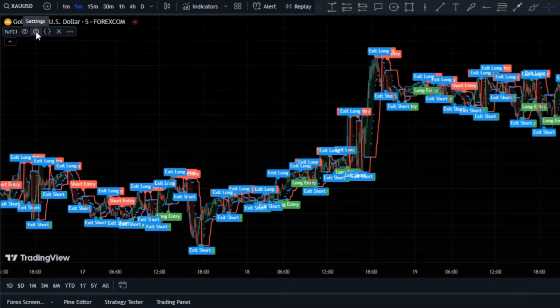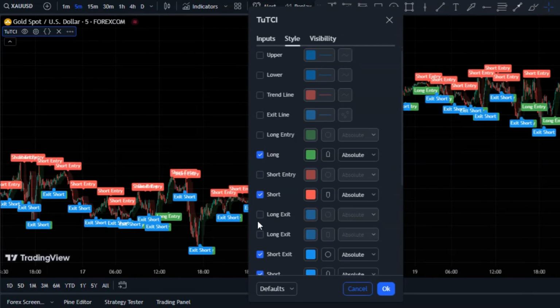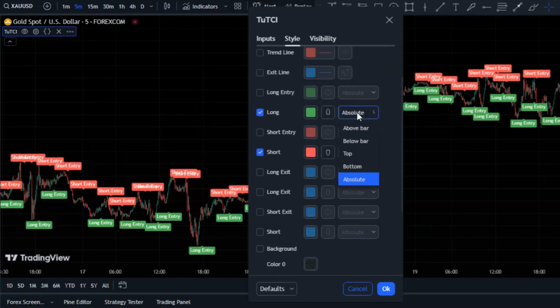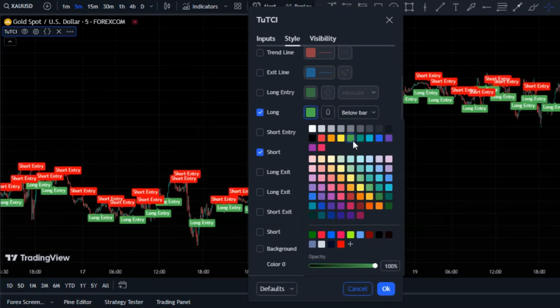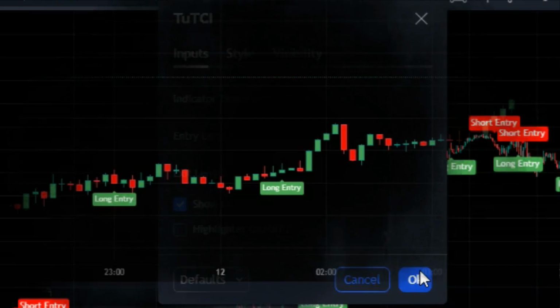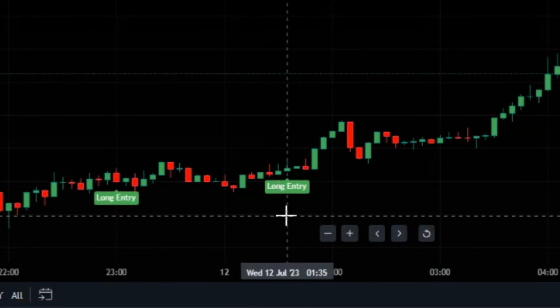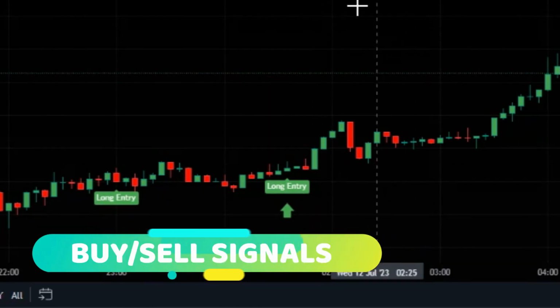After setting up this indicator, apply some changes I made. With these adjustments, your chart will become very clear, showing only 2 types of signals: long entry and short entry.